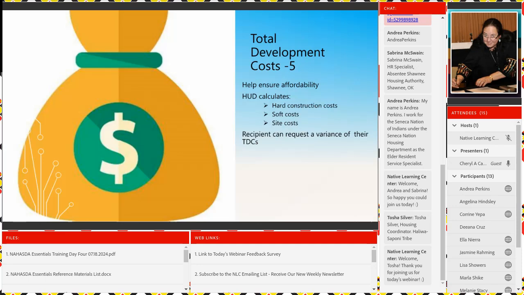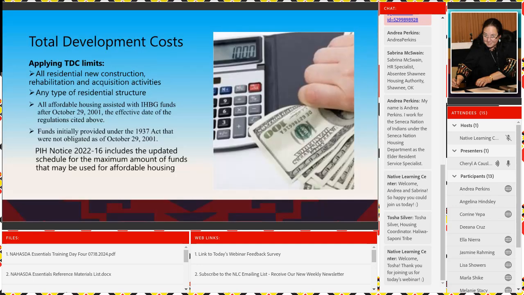Your total development cost is to help ensure affordability of our units. Okay, they're supposed to be moderate. HUD calculates hard construction costs, soft costs, site cost, and recipients can request a waiver variance of their TDCs.